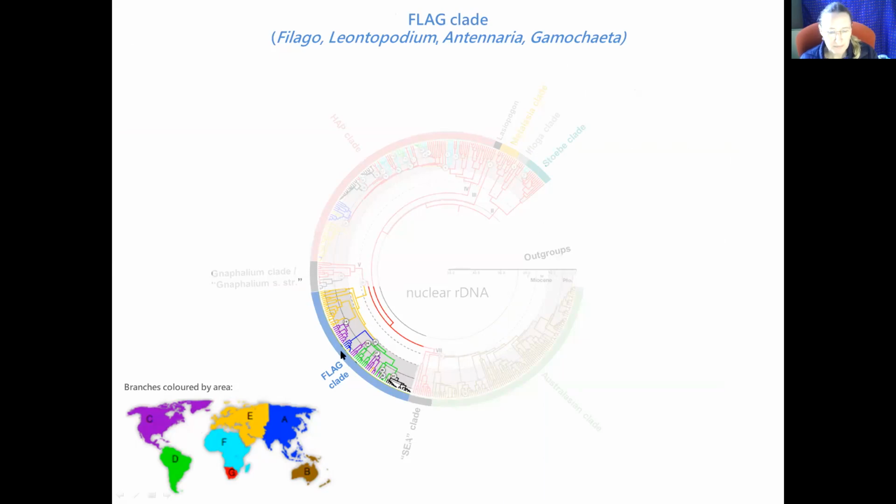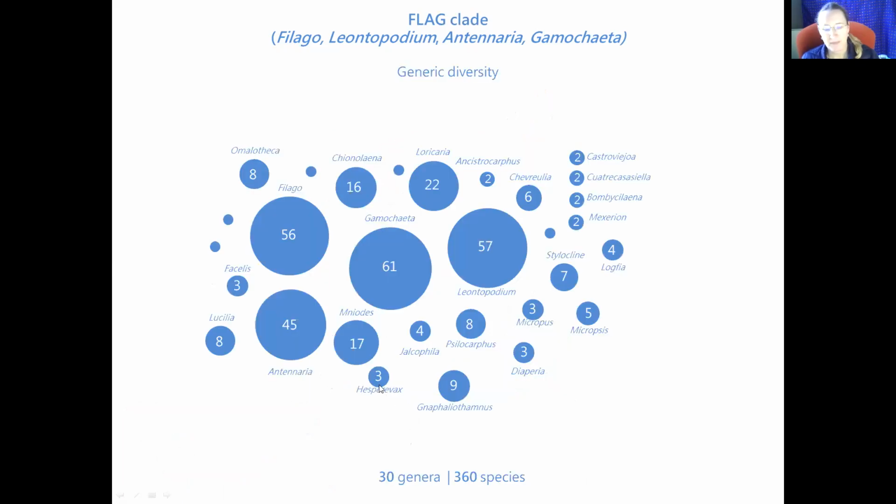Leontopodium diversified in Asia. Gamochaeta across the Americas. And then Antennaria is in the Northern Hemisphere and in South America. And there's also some very widespread species indicated by the black lines. Quite a large and diverse clade with 360 species.